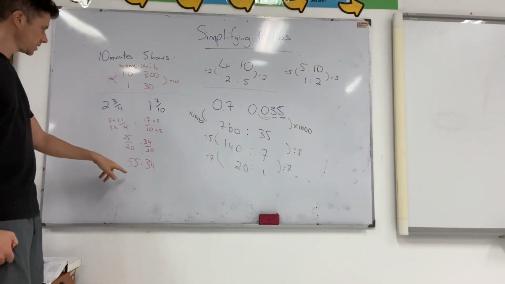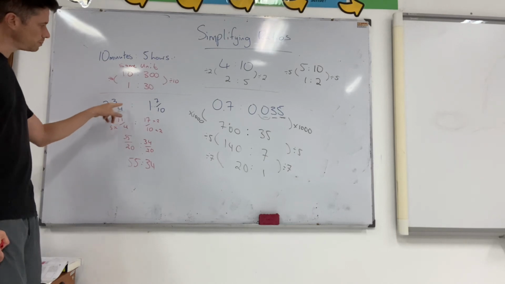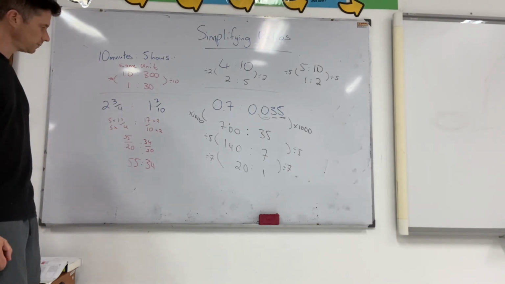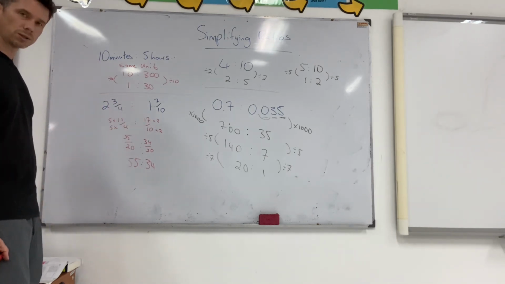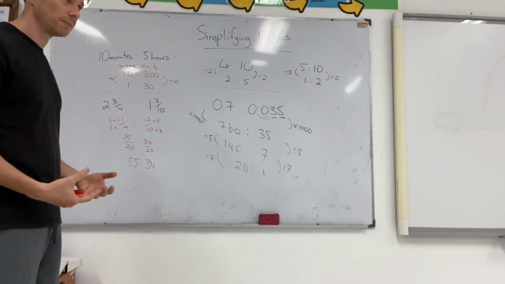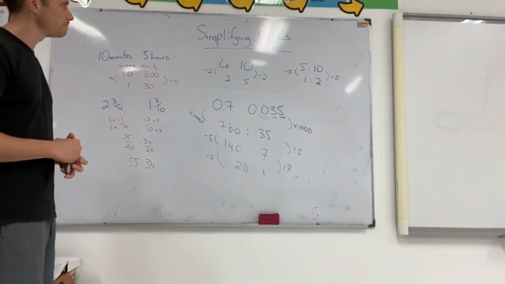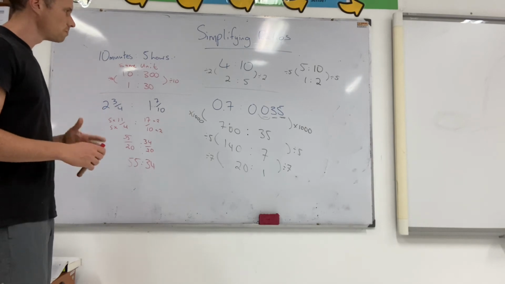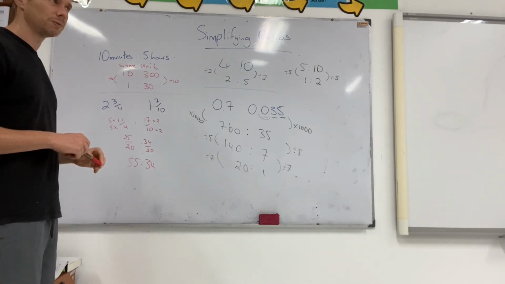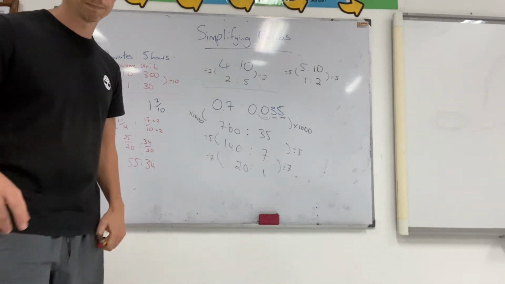So it does make sense that the left-hand side of the ratio will be bigger than the right-hand side, so 55 to 34 parts. So I split up into parts with the same denominator, and then they can be compared. So there's the 4 main different types of simplifying ratios that you can be given.